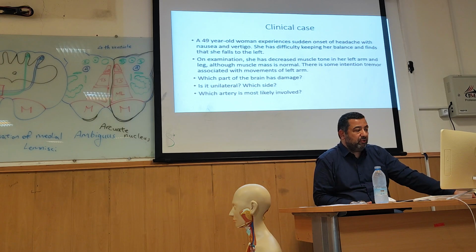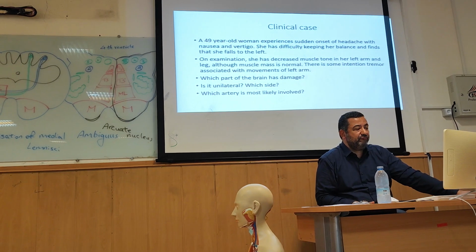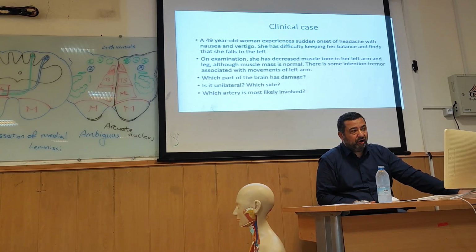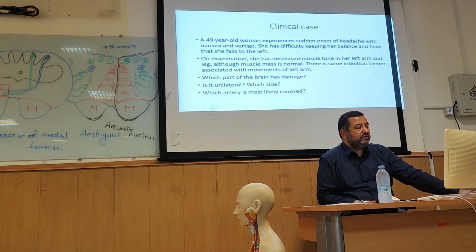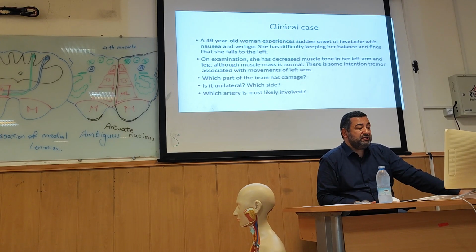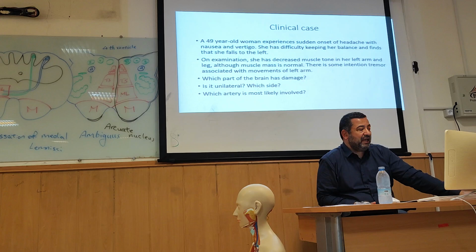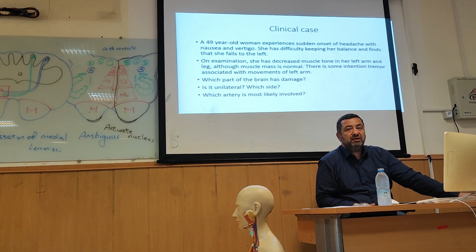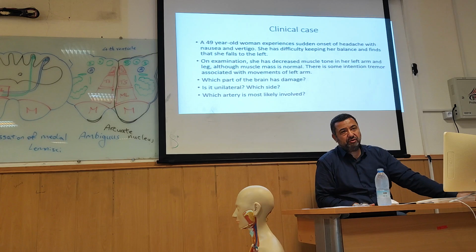Muscle mass is normal. There is some intention tremor associated with movement of the left arm. Which part of the brain has damage? Which artery is most likely involved? And is this unilateral or bilateral? You told me this is unilateral.